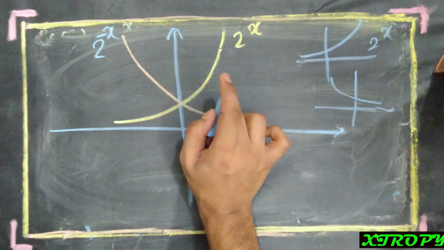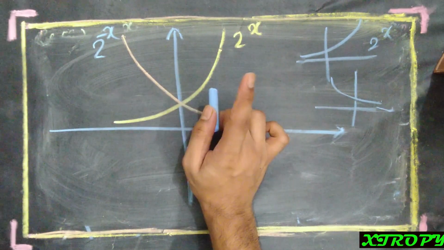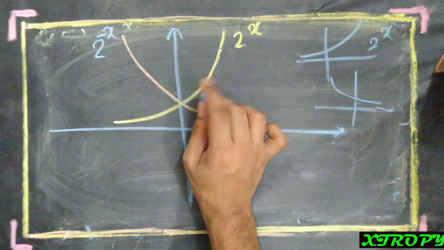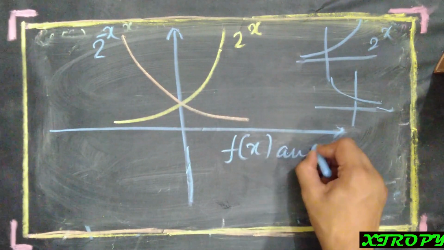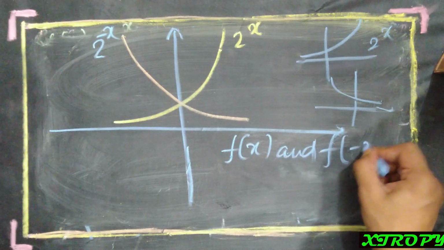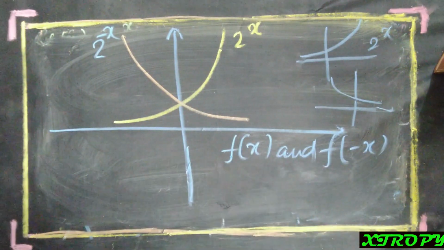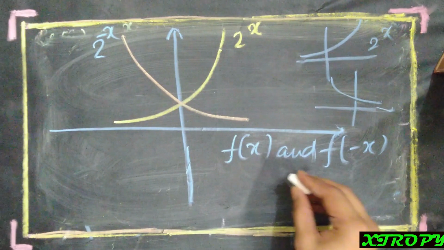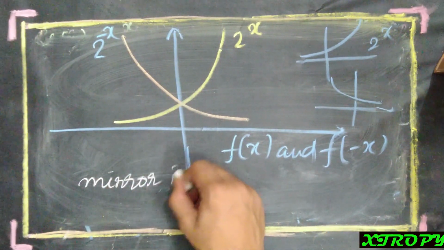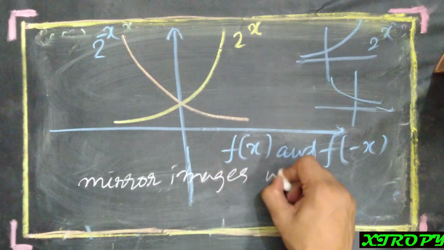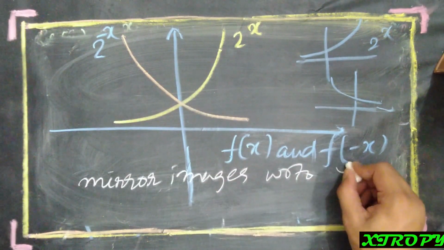This is not only the case for these two graphs, it is the case for every such pair in which one function is f(x) and the other function is f(-x). These two functions are mirror images with respect to the y-axis.